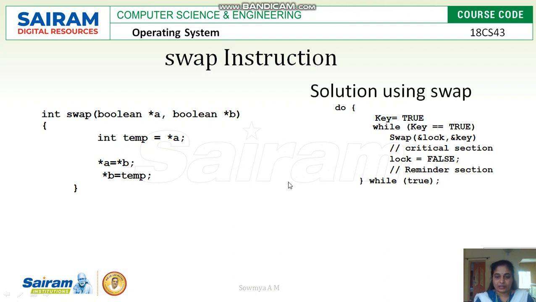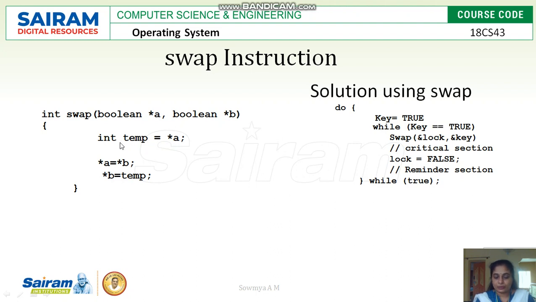In the swap instruction solution, instead of just acquiring the lock, we have two variables, lock and key. While key is equal to true, we swap key and lock. In the called function swap, the a value is lock and the b value is key.